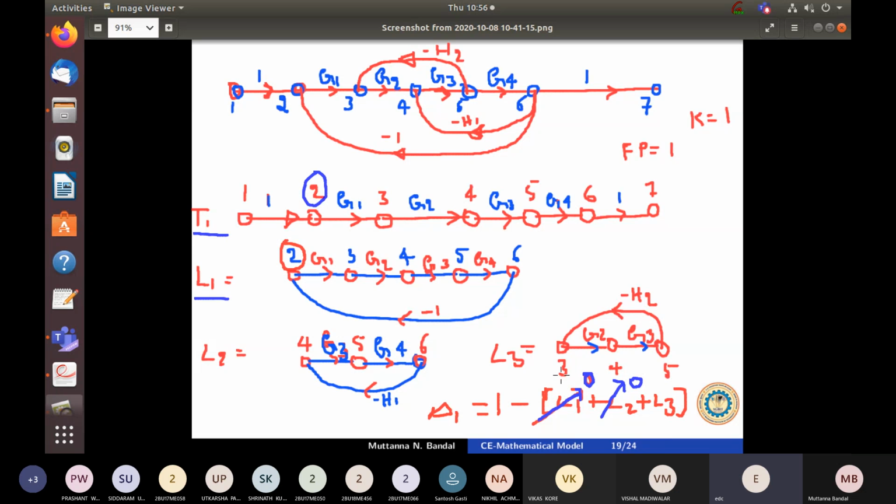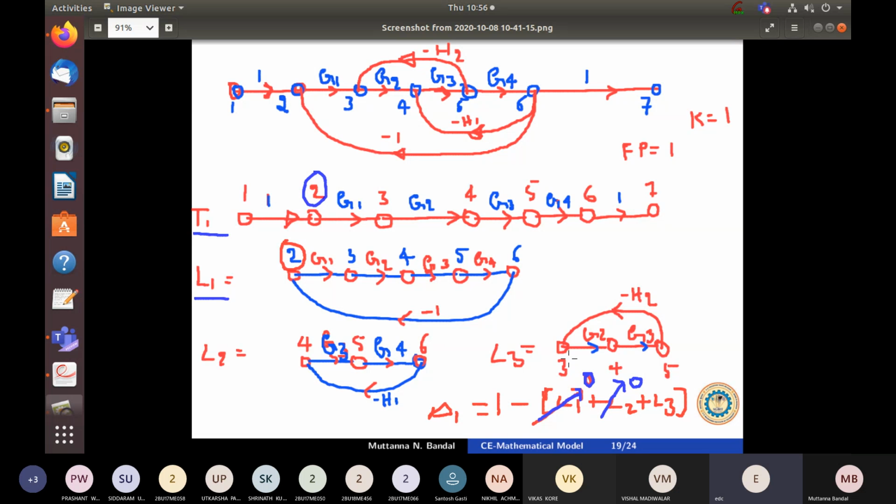Now L3. Tell me where it is touching. I just have to see these 3 loops against T1, the forward path. If the numbers are repeated, it means that it is touching. Even if it is touching at a single point, it means that it is touching. There is no hard and fast rule that it should touch all the points.